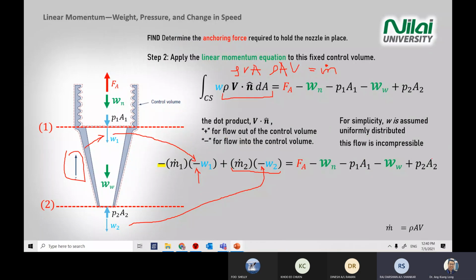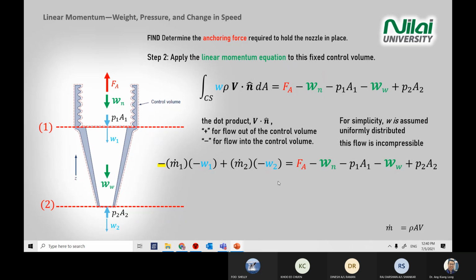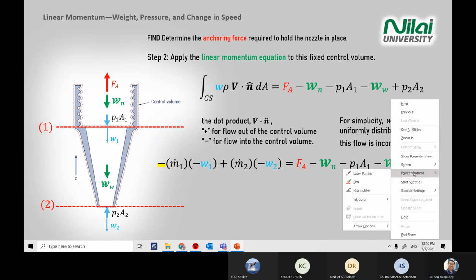Okay, Raj, look at the diagram on your screen. Explain why there's a negative sign in front of W2. Okay, you are the one who decides what time we end our session.